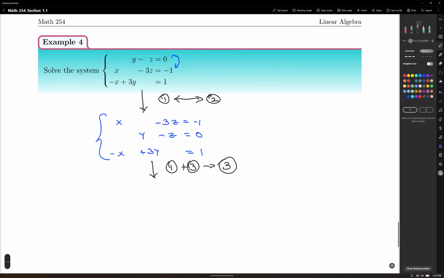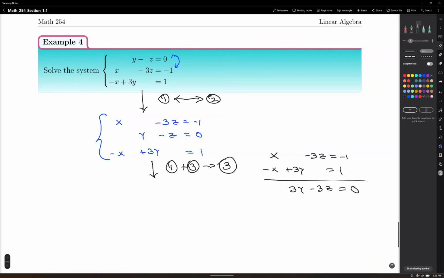Let me do the operation on the side. x minus 3z equals negative 1, negative x plus 3y equals 1. That's 0, 3y minus 3z equals, what is that? 0, isn't it? Actually, I'm going to reduce this, because everything is divisible by 3, agree?